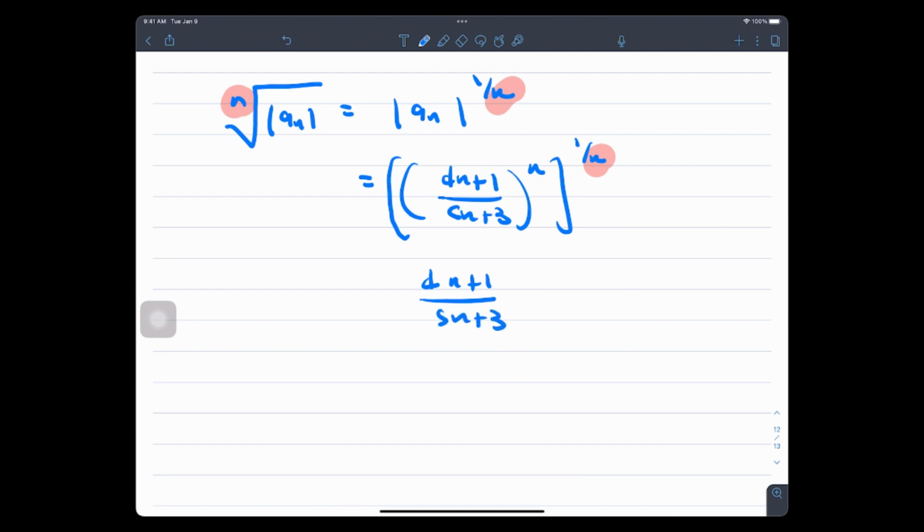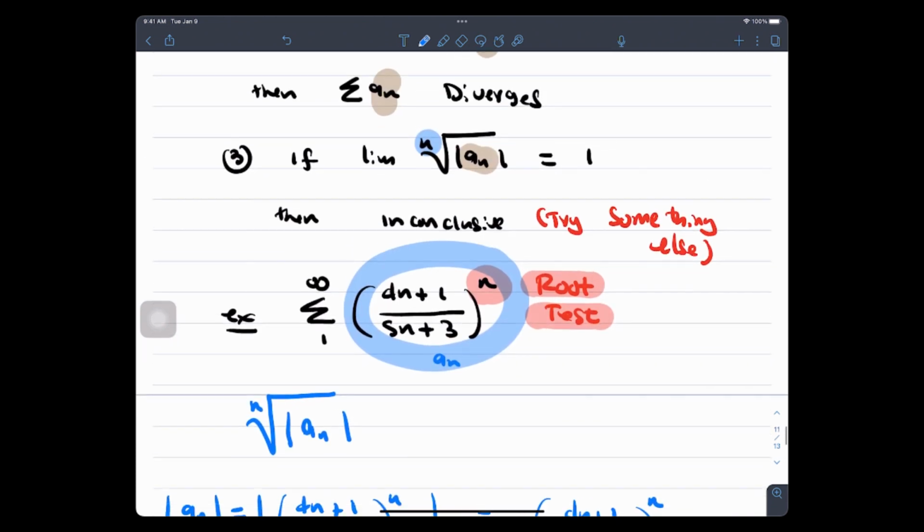So the moral of the story is this: the nth root of the absolute value of a_n is what you see right in here. Okay, you guys okay with that? It really just gets rid of the nth power at the end of the day.